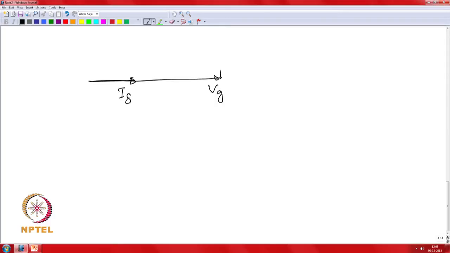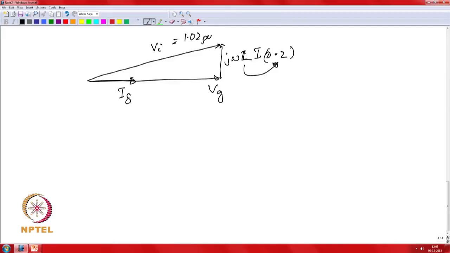Then at fundamental frequency your voltage drop is j omega L times I, and I is 1 per unit, say Vg is 1 per unit. So, you have a voltage drop of 0.2 per unit, assuming L is 0.2. Then the inverter voltage Vi would be actually 1.02 per unit. So, it is not very different from Vg if you are operating at unity power factor.